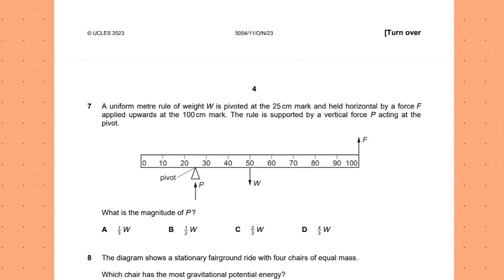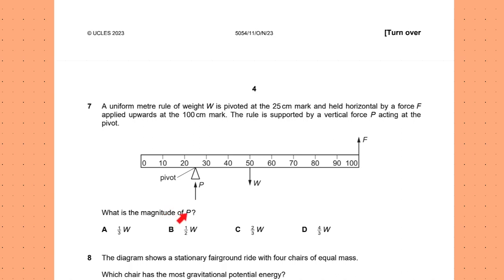So question number 7, I guess this also I asked in a recent test to some school students and they found this pretty difficult. Let's see what this question is asking. A uniform meter rule of weight W is pivoted at the 25 cm mark and held horizontal by a force F applied upwards at the 100 cm mark. The rule is supported by a vertical force P acting at the pivot.